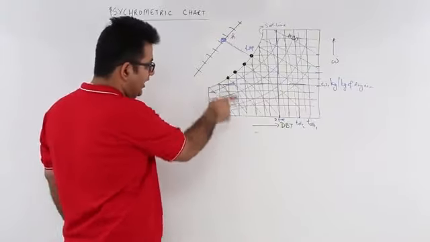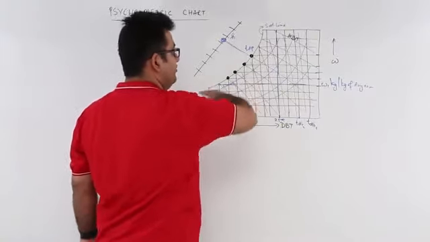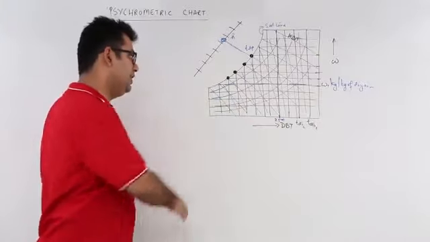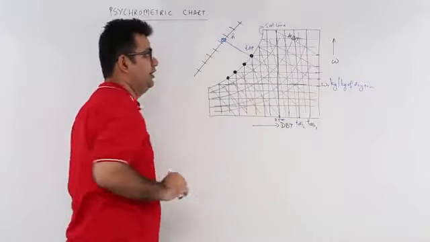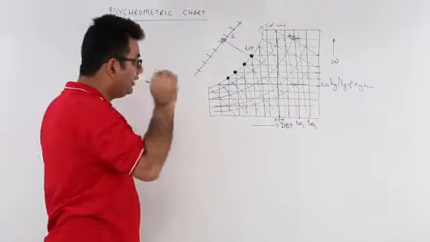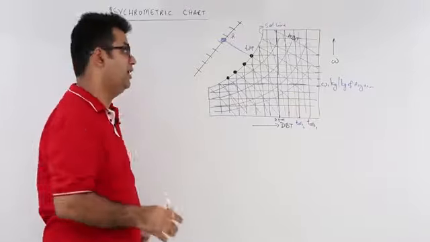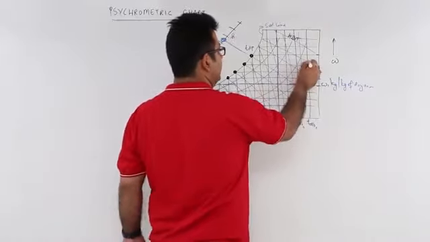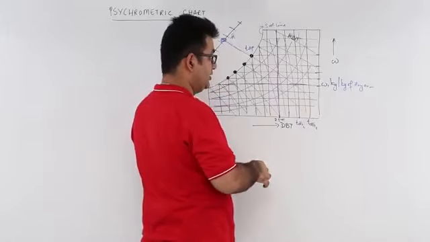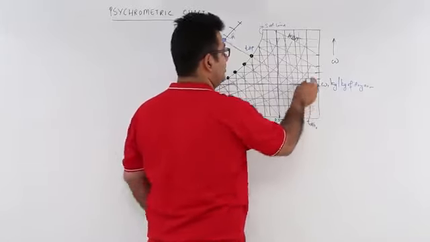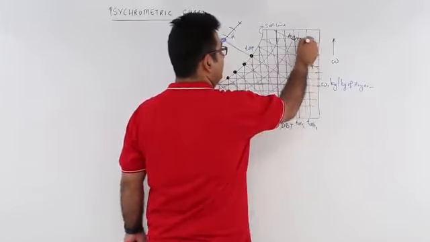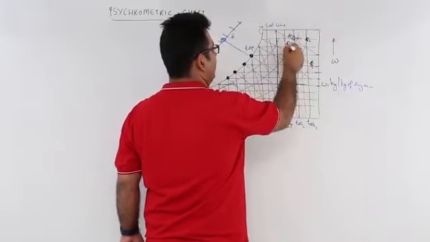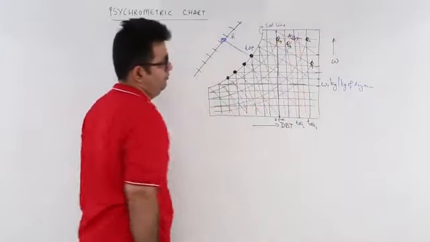These red colored lines and these blue colored curves. These blue colored curves are the relative humidity lines, that is RH lines. So this is phi 1, this is phi 2, this is phi 3 and this is phi 4.